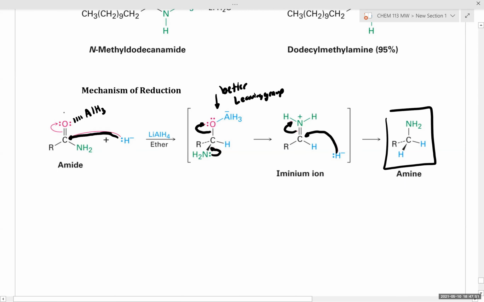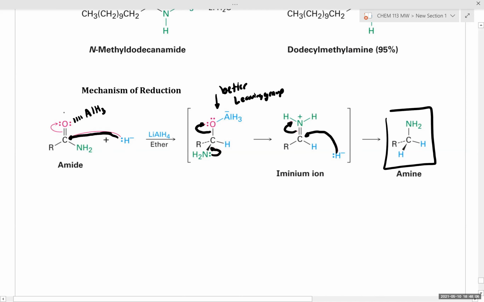And that coordination is part of what activates the amide for reaction with hydride. Does that answer your question?